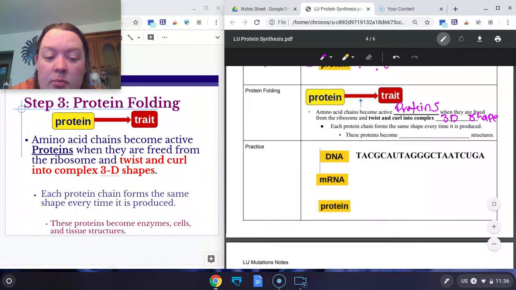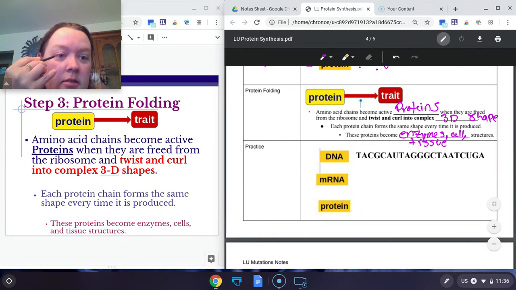Now, these proteins could become enzymes. They could become cell or tissue structures. So proteins could be many different things. It could be the protein that gives my eyes the color.